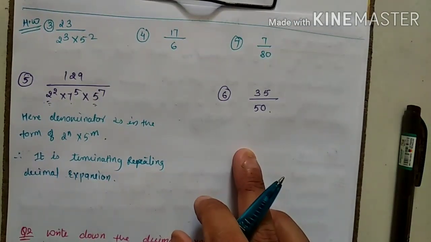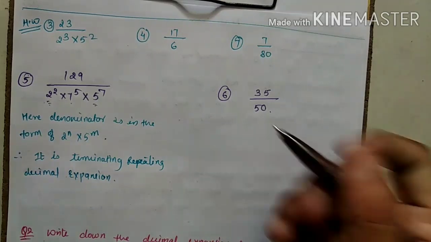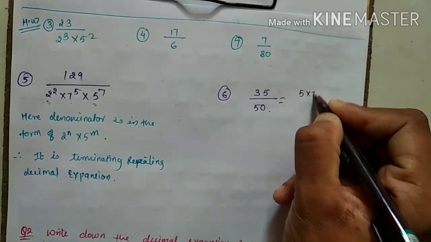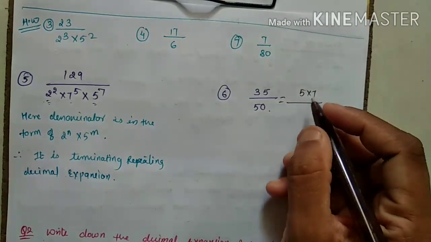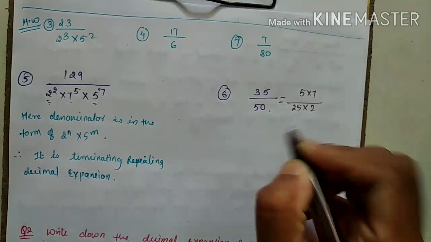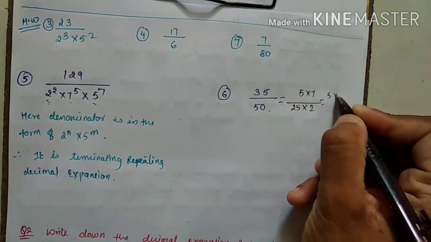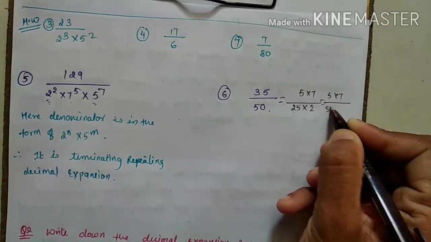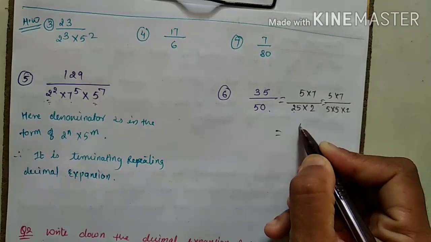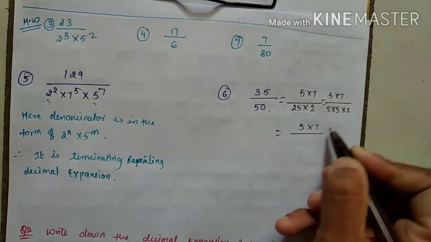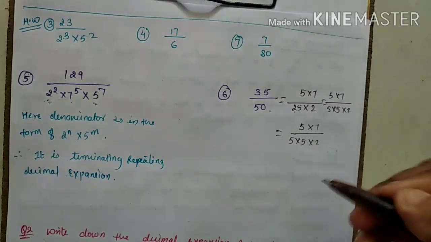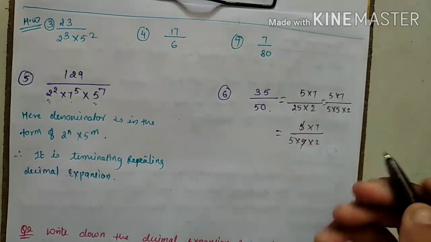Now come to the next. 35 by 50. Again, convert this number. I am using another pen to explain. 35 I can write as 5 7s are 35, correct? Same, 50 I can write as 25 2s, correct? I can make it more, 5 into 7 upon 5 into 5 into 2, correct or not? Yes. First, remove the same numbers. 5 and 5 cancel.